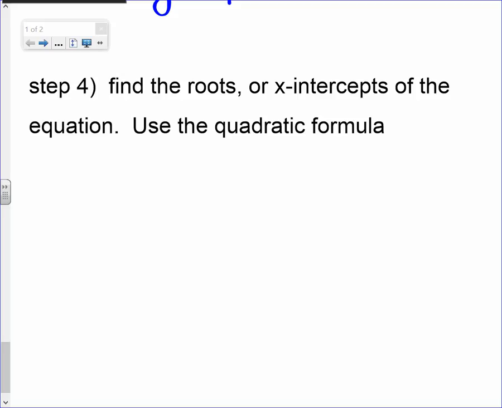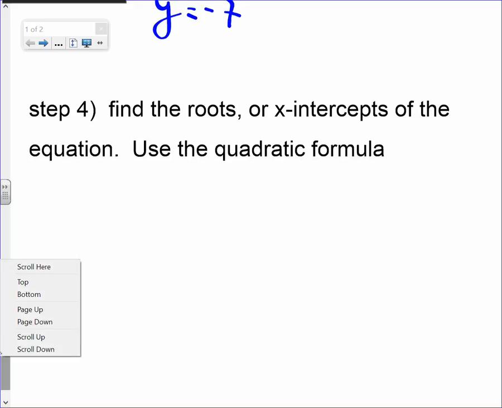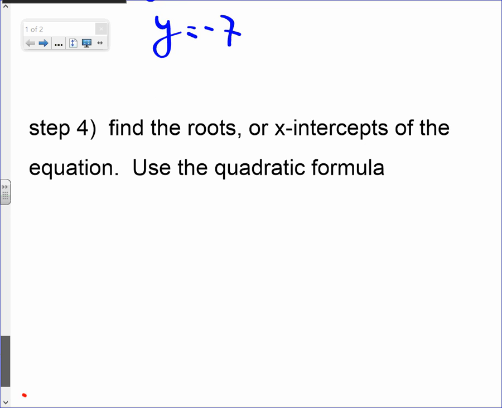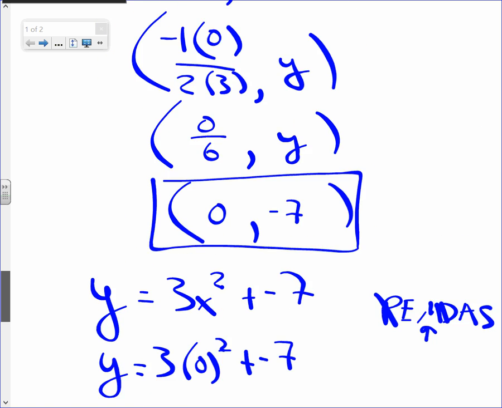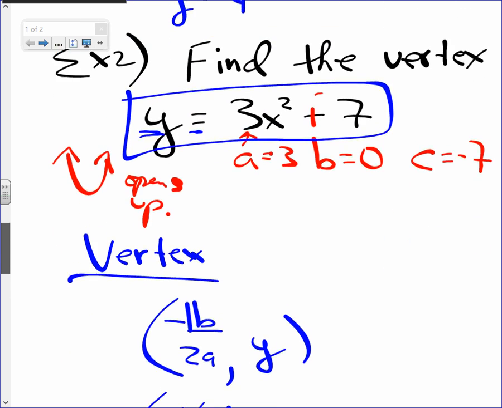We're going to continue with the exact same equation from 2 days ago. We're going to do step 4 and 5 right now. So step 4, let's find the roots or x-intercepts of the equation. What equation? Well, the one we did for our first example on Monday.